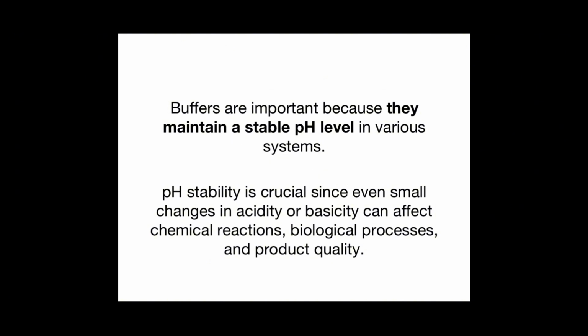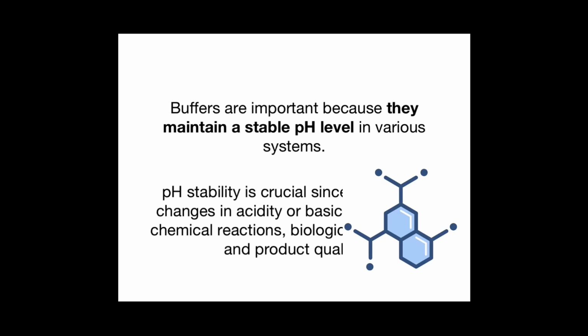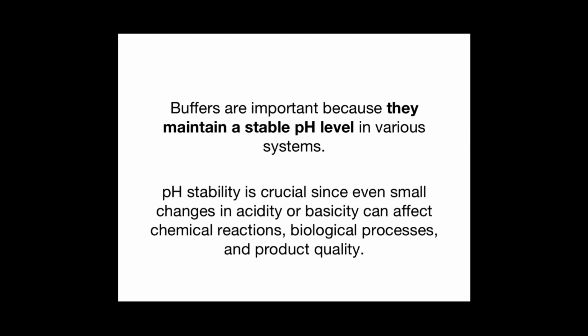For example, enzymes nato, ang proteins that help reactions happen faster in our bodies. They can only work at the right pH. So, if the pH suddenly changes, these enzymes stop working.